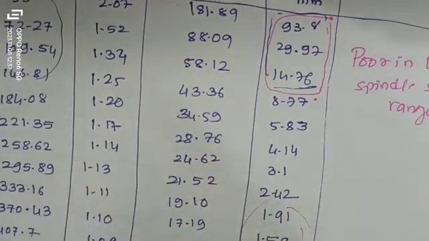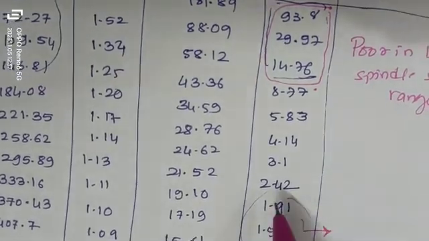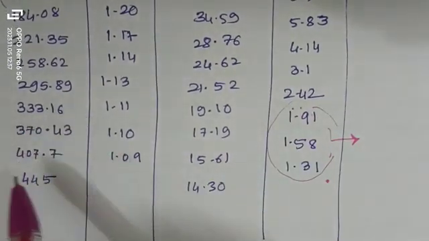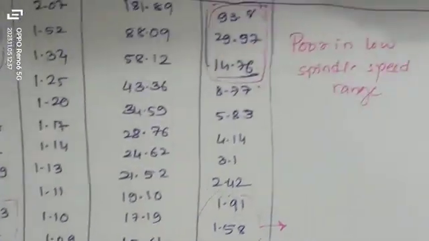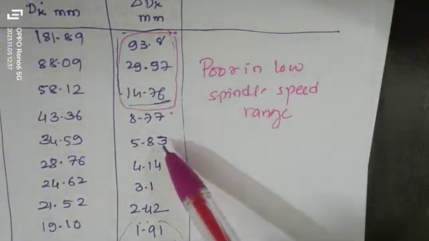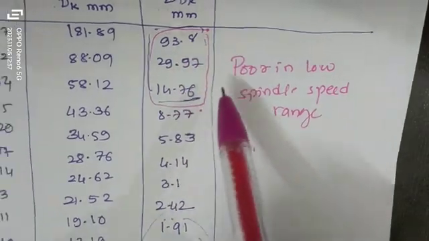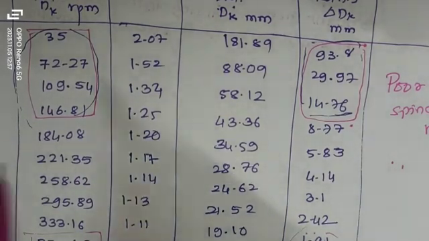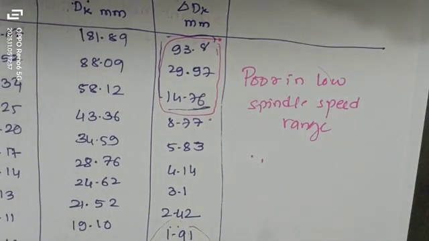We could say a multi-speed drive with arithmetic progression is good in the high spindle speed range. What would be the disadvantage? A multi-speed drive in arithmetic progression is poor in the low spindle speed range. So this is about arithmetic progression, where the disadvantage is that it is poor in the low spindle speed range.